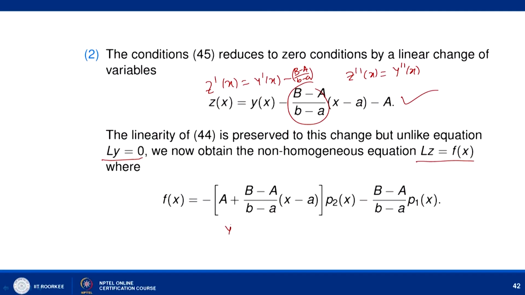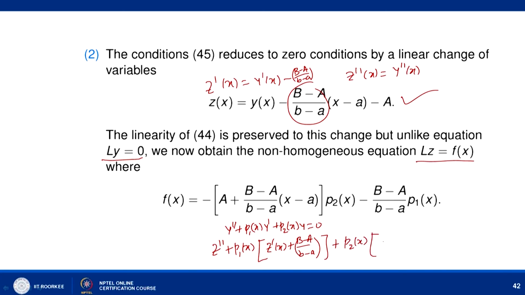So your equation is basically y double dash plus p1 x y dash plus p2 x y equal to 0. I am just using the values of y double dash. So y double dash is z double dash, plus p1 x times y dash, which is basically z dash plus (B minus A) upon (small b minus small a), plus p2 x times y, which is basically z of x plus (B minus A) upon (small b minus small a) times (x minus a) plus A, equal to 0.